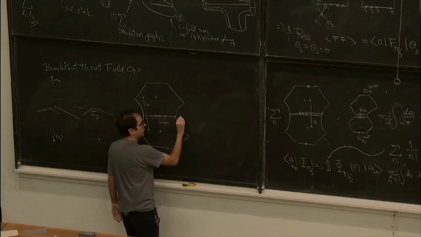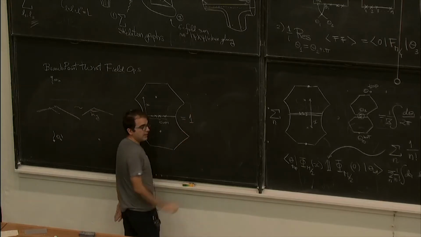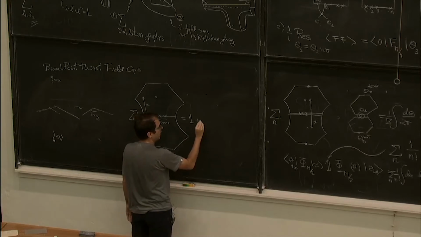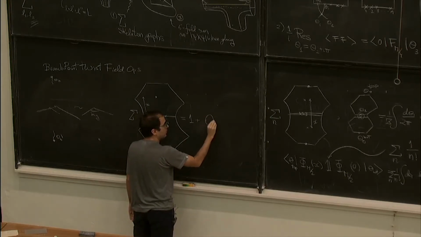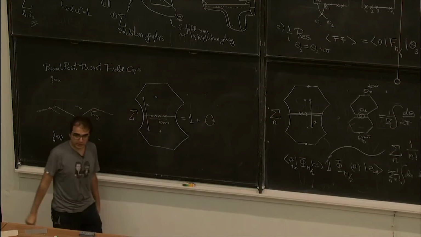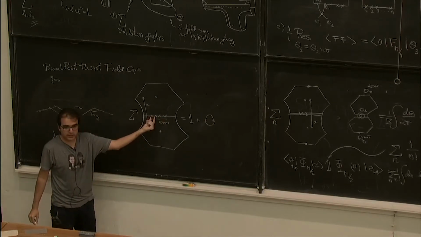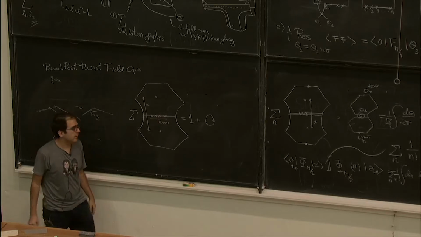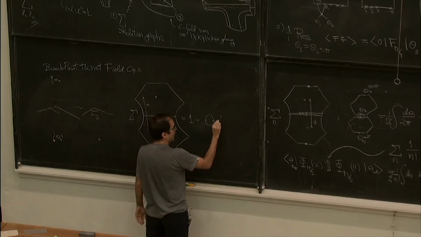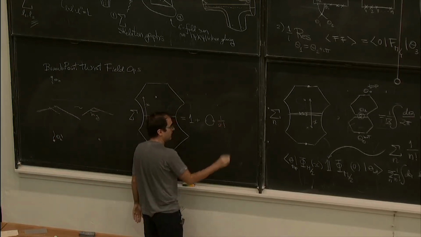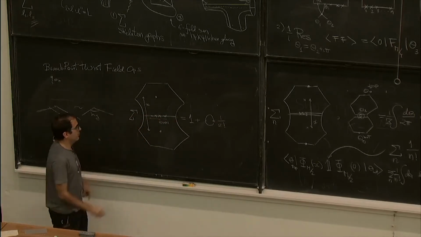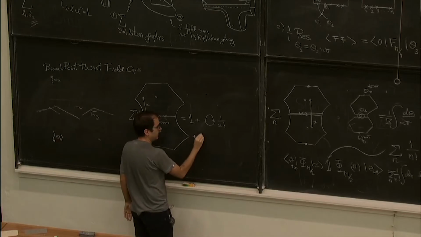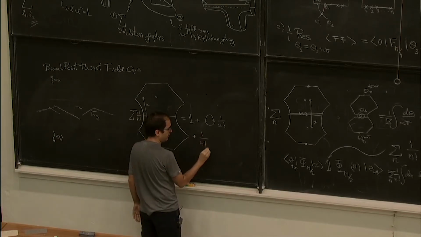So what we have to do, the first term is 1, nothing, when you have the vacuum. The second term is just the loop that I was disconnecting before. When I put two particles, the form factor for each is an f, so I have this loop. This loop comes with 1 over 2 factorial. The particles are indistinguishable, so I put a 1 over n factorial. The second term is plus 1 over 4 factorial.